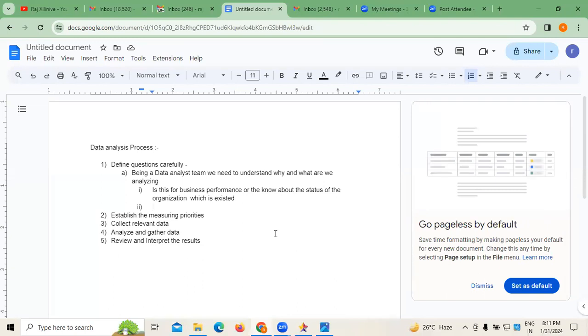Second, how much time will it take for us to perform data analysis?